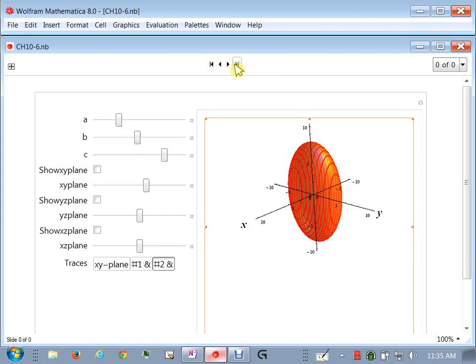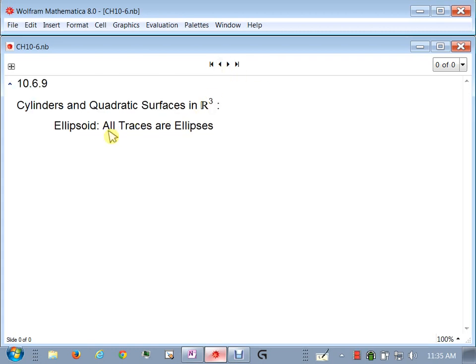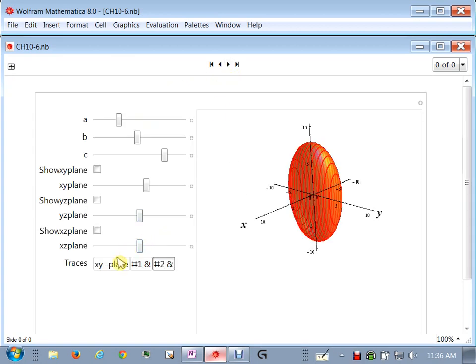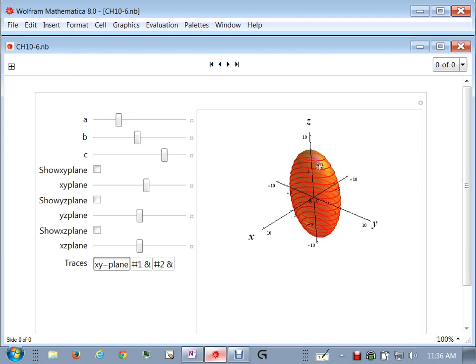When we look at an ellipsoid, all traces are ellipses, all of them. So what I've done here, it's really hard to see with this projector, but do you see the red curves? I'm already showing you the traces. Instead of having to come through and cut it, they're already there. Now, right now, I'm cutting it with the XY plane.